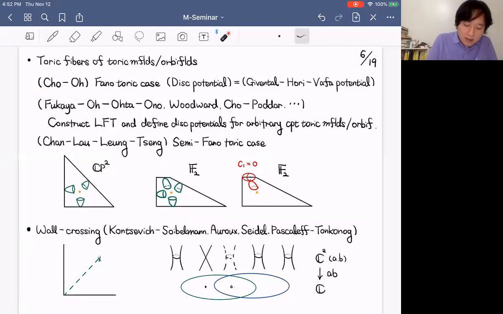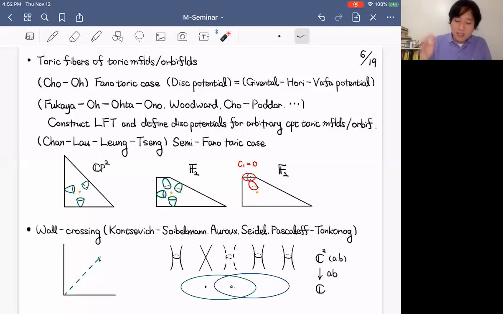And then later Fukaya, Oh, Ohta, Ono, and also Woodward, and Cho and Ohta, and many others constructed Lagrangian Floer theory in the toric setup. Furthermore, they define a disk potential for an arbitrary compact toric manifold over the Novikov ring. The point is that usually if you turn on a perturbation, the counting invariant depends on the perturbation.